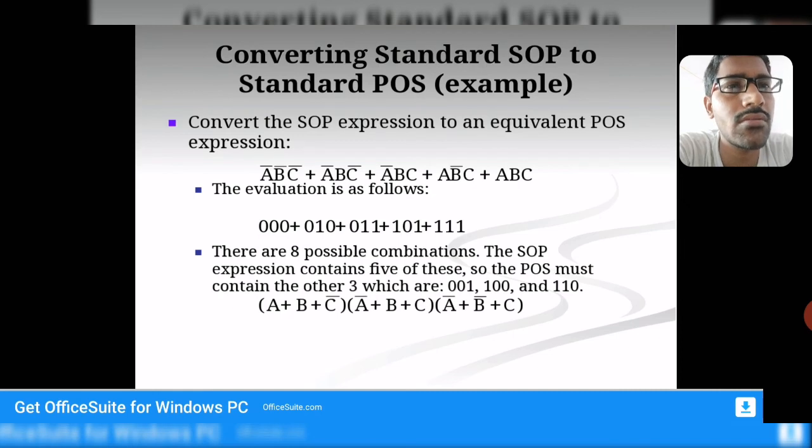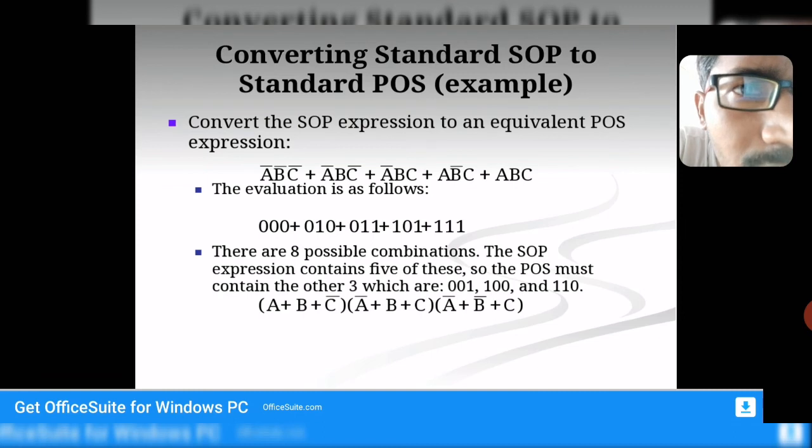For a 3 variable expression, we have 8 possible combinations, but here only 5 combinations are there. So the 5 combinations will represent the sum of product, and the rest of the 3 combinations will represent the product of sum. So the missing terms are 001, 100 and 110.